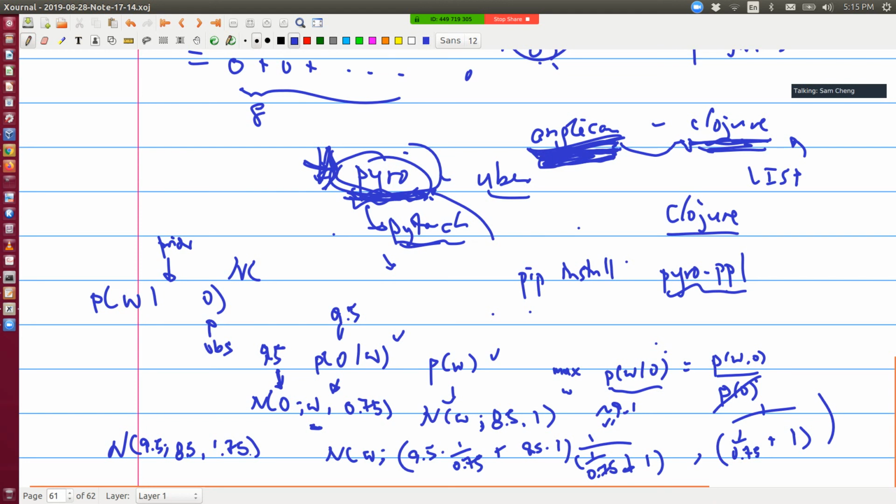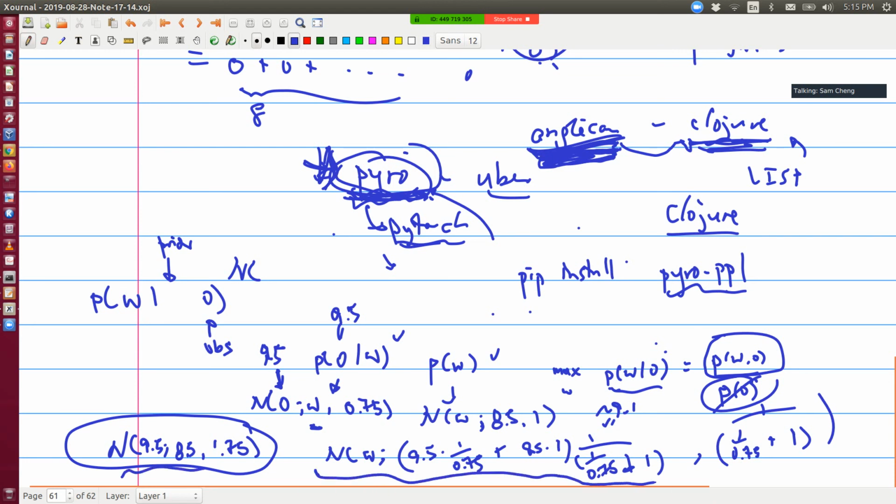So that's what I mean. You don't even need to care about this, because this is exactly this guy, right? Already there. If you want to find P(W given O), this multiplied by this is proportional to, actually equal to P(W, O). So this is actually equal to P(O), and this is equal to P(W given O), right?